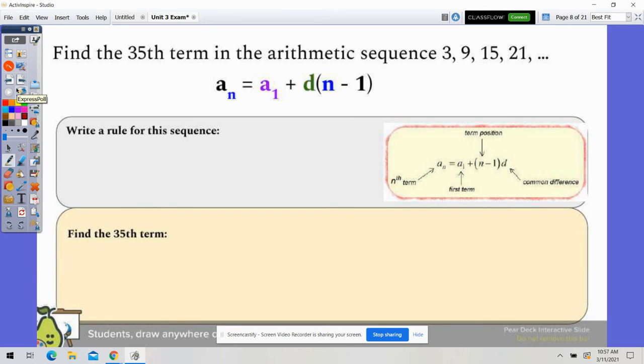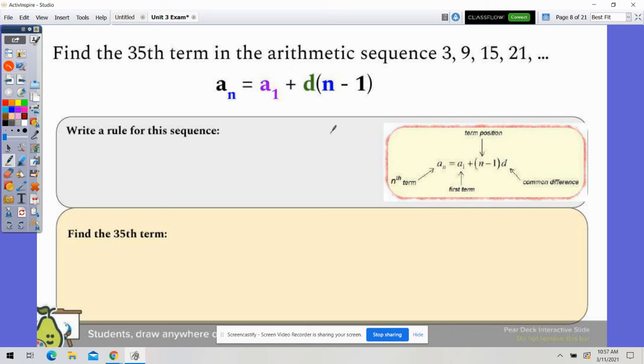So in this particular question, they want you to find the 35th term in the sequence 3, 9, 15, 21, and so on. So first what we want to do is write the general rule. So this is exactly what the general rule is: AN equals A1 plus n minus 1 times D, or D times n minus 1.